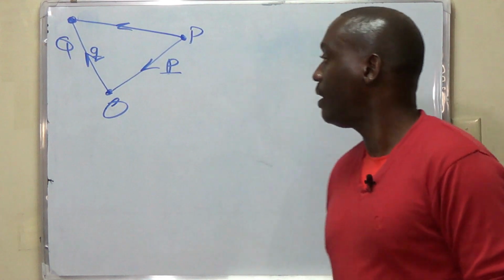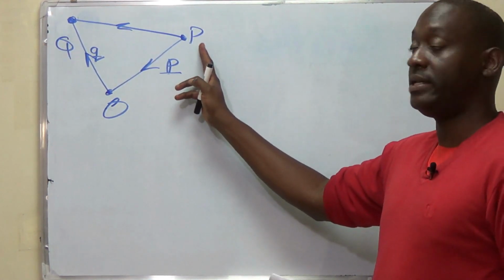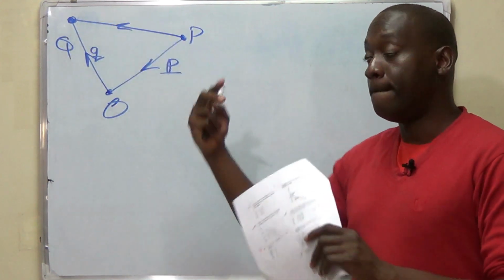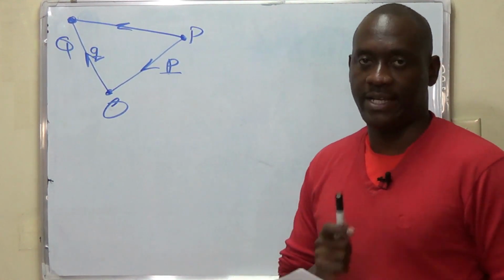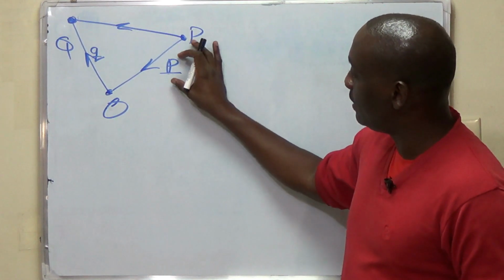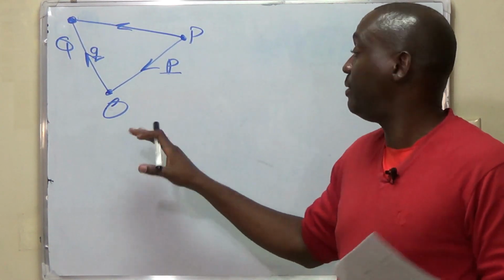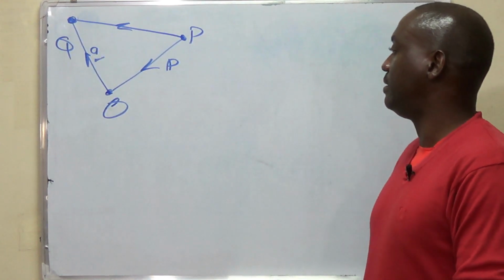Good? So, we have the point P, capital P, and the point Q, capital Q. Both of these points are associated with position vectors, denoted by lowercase p with a little line under the p, or sometimes you leave the line out. It doesn't matter, so let me leave the line out for convenience.